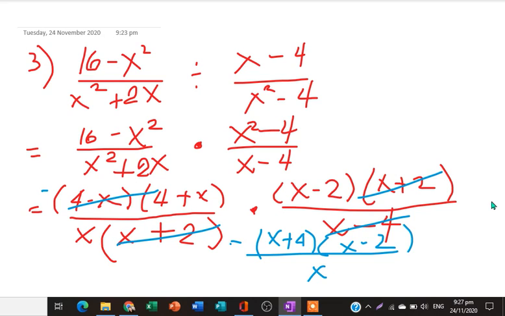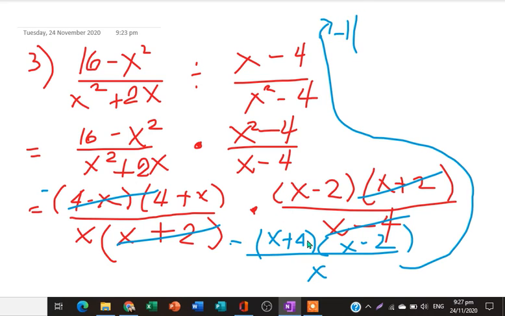Or, to simplify this, ilagay natin dito, yung i-arrow na lang natin. So we have, since this is negative 1, so just multiply negative 1. X times x is equal to x squared.